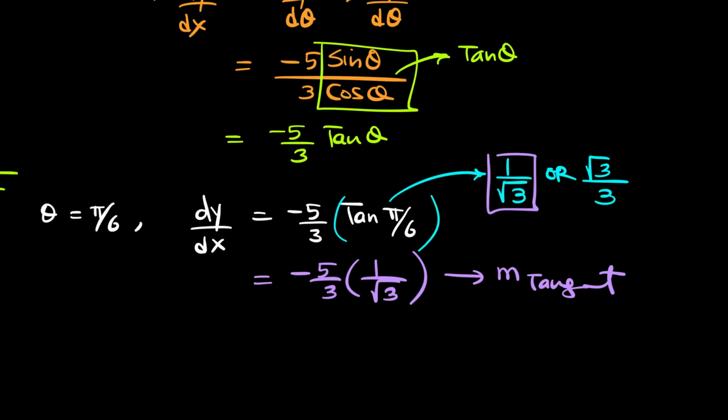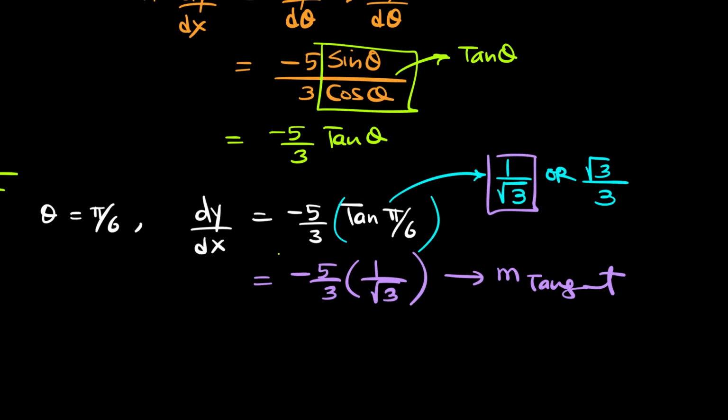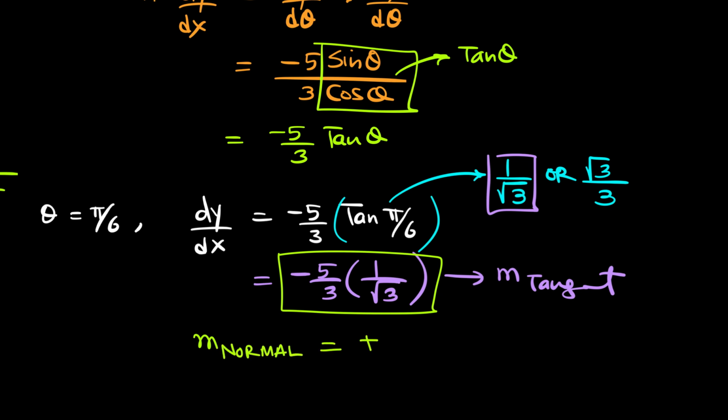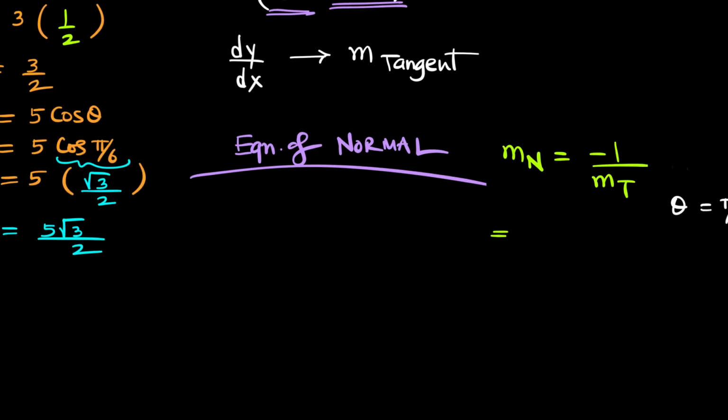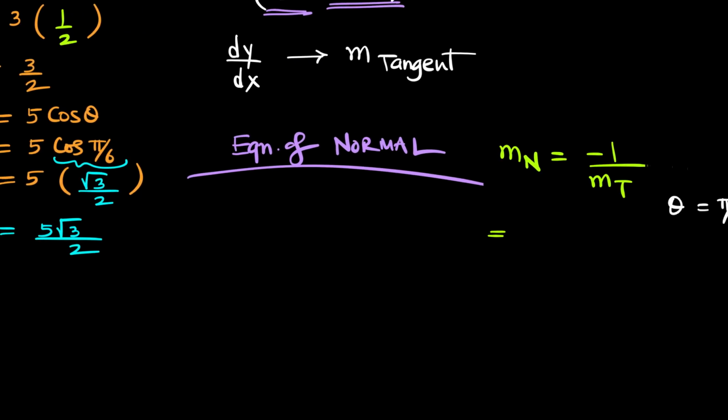After simplification, this expression will get flipped up. So the gradient of normal, first of all, will be positive. We have 3 root 3 at the top and 5 at the bottom.